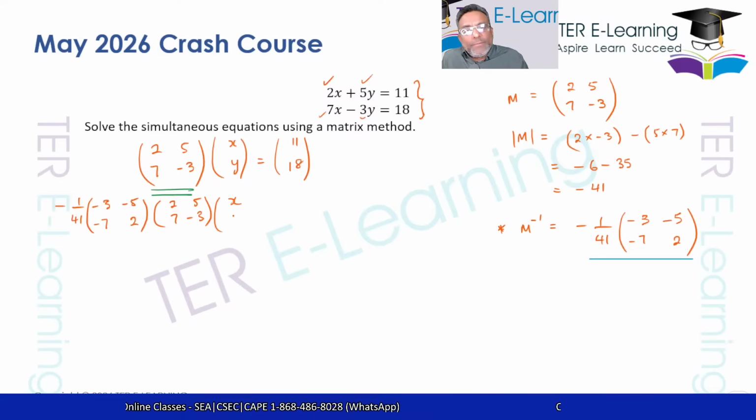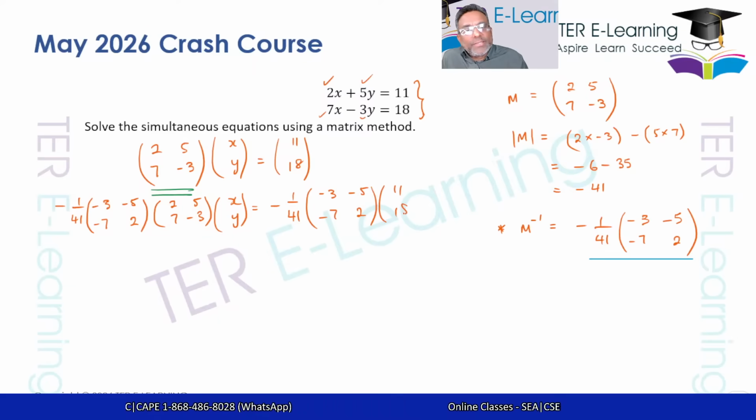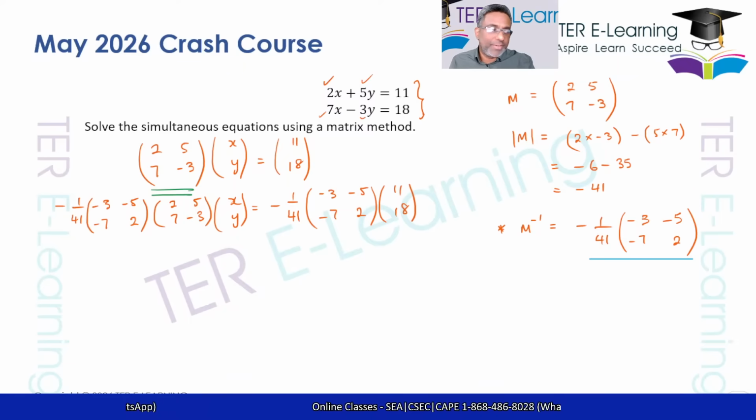This is x, y. And on the right-hand side, we're doing the same thing. So it's going to be minus 41, and this is going to be minus 3, minus 5, and this is 11 by 18. Some of you might be watching this and thinking it's getting very complicated.